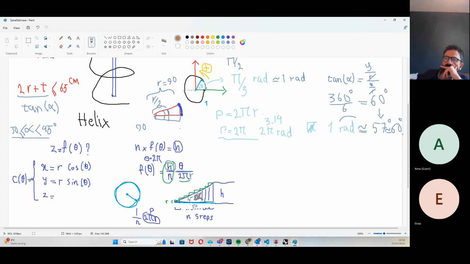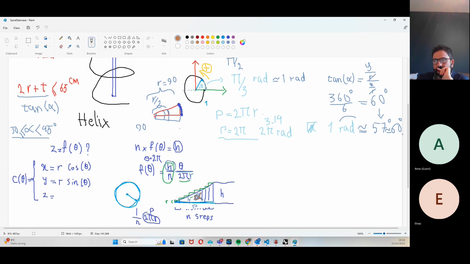Right? So, is this correct? If I put theta equal to 0, what do I get? 0 for the z.